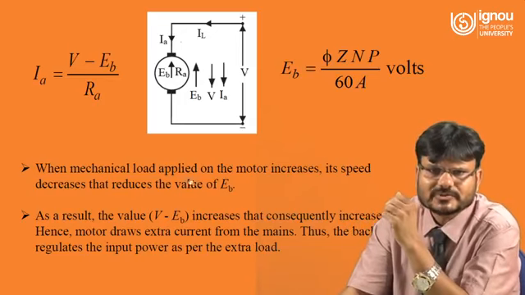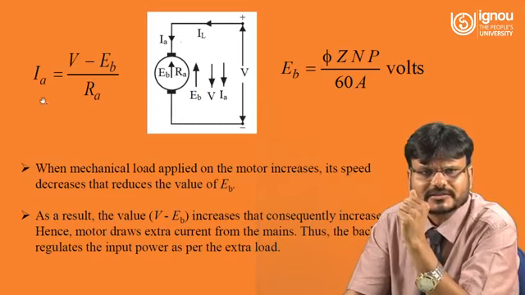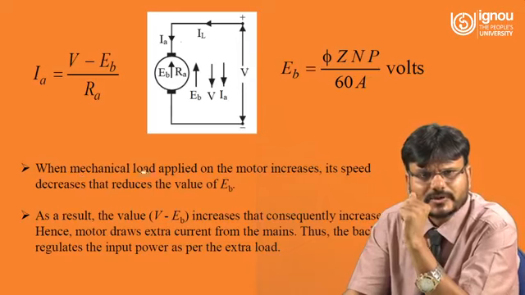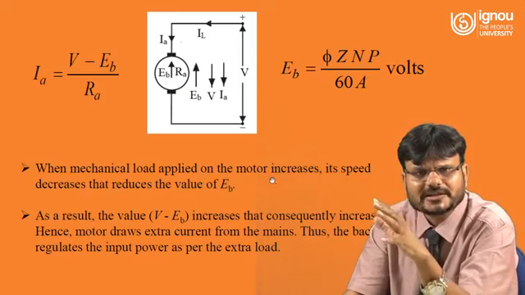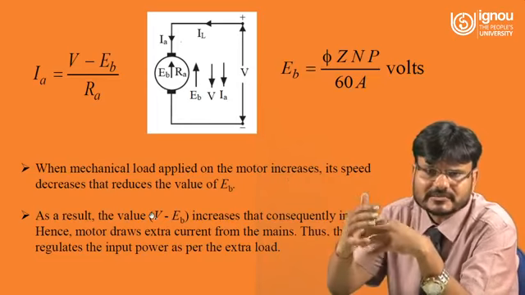If it is moving at 1000 RPM, it will generate some back EMF Eb. At that moment, current is what? I is equal to V minus Eb upon Ra. So when the mechanical load applied on the motor increases, its speed will decrease because you are putting some external load.